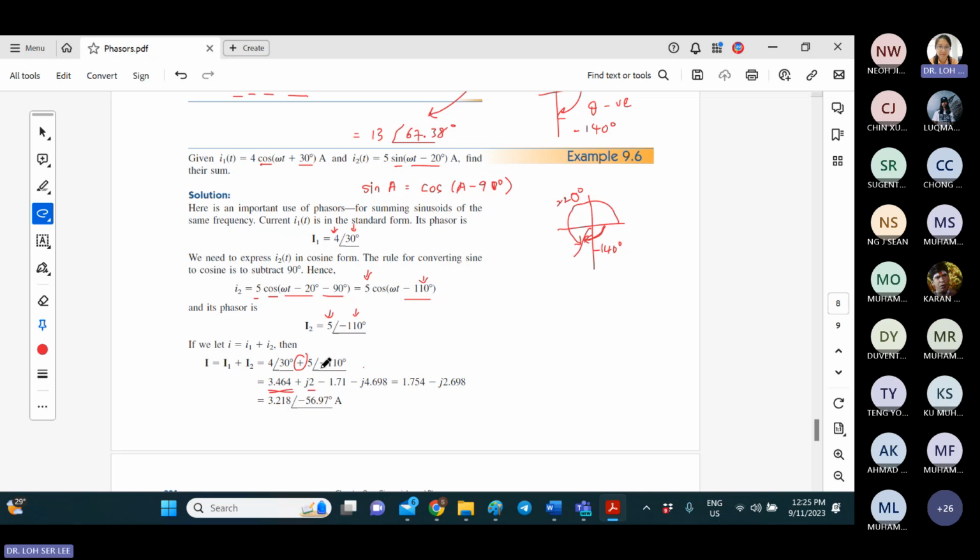The second part, you have 5 cos negative 110, you get negative 1.71, and then plus j 5 sine negative 110, you get negative 4.698. Then you combine these two, you get this.